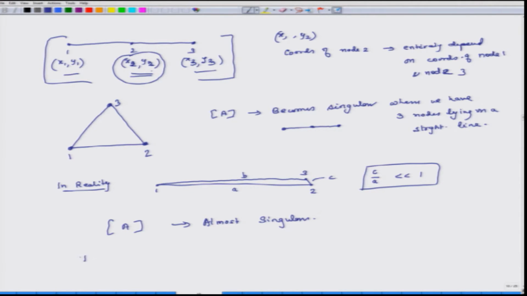So, to avoid an almost singular A matrix, ensure that the aspect ratio C by A is not very small.